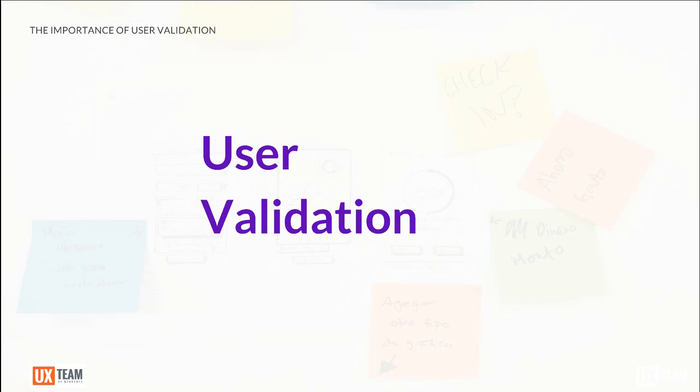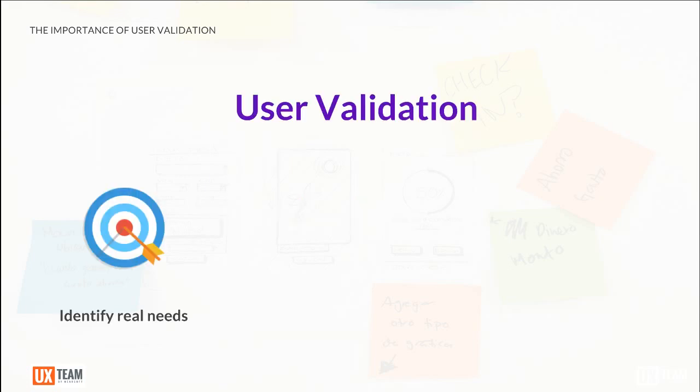So the reasons why user validation is very important are, first, that we can identify real needs with the product, and we can identify what's wrong or missing. In the case of the story that I told you, the businessman could have found what was missing and the real needs of the customer.